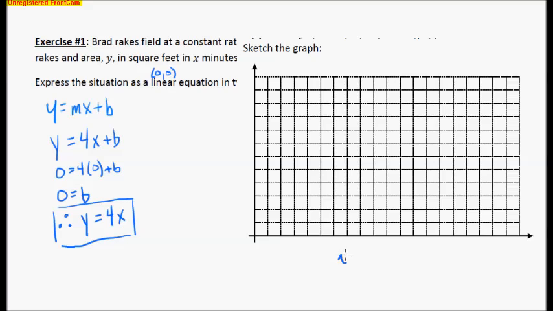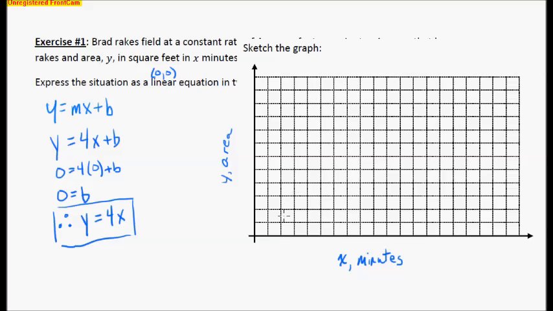So x down here is going to be the minutes that he rakes, and y over here is the area that he has raked.